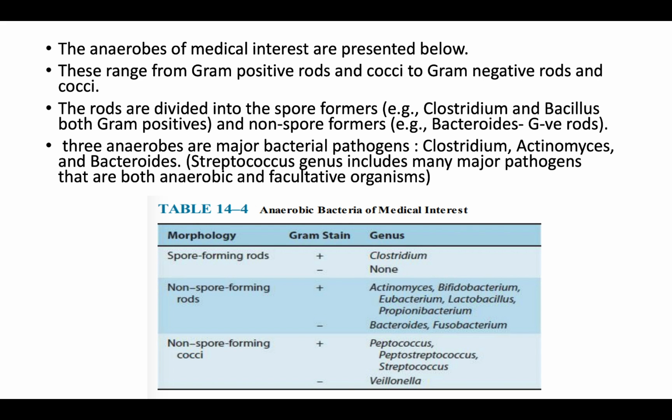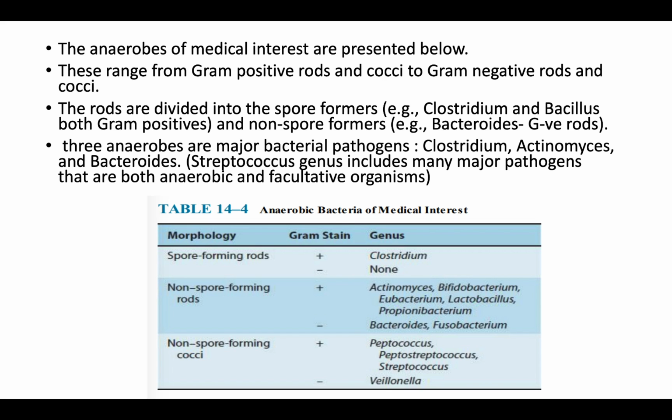So the anaerobes of medical interest are presented below. This is very important. These range from the gram-positive rods and cocci to gram-negative rods and cocci. The gram-positive rods are usually the ones that are anaerobes; we talked about Clostridium and Bacillus. Usually we divide the gram-positive rods into spore formers and non-spore formers.